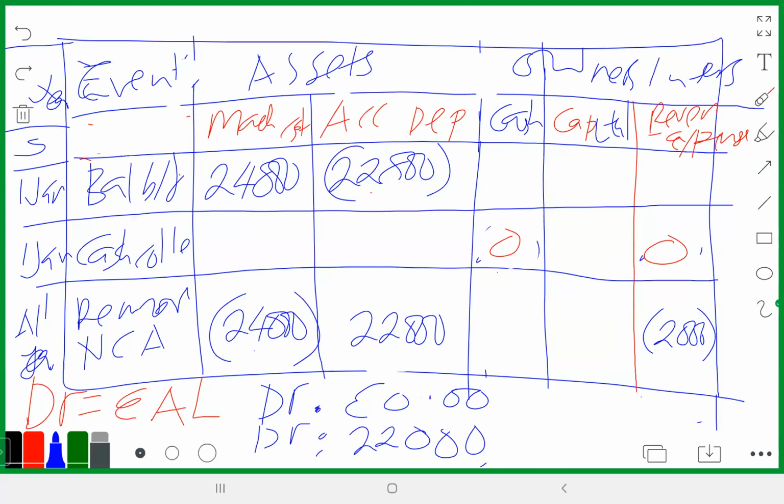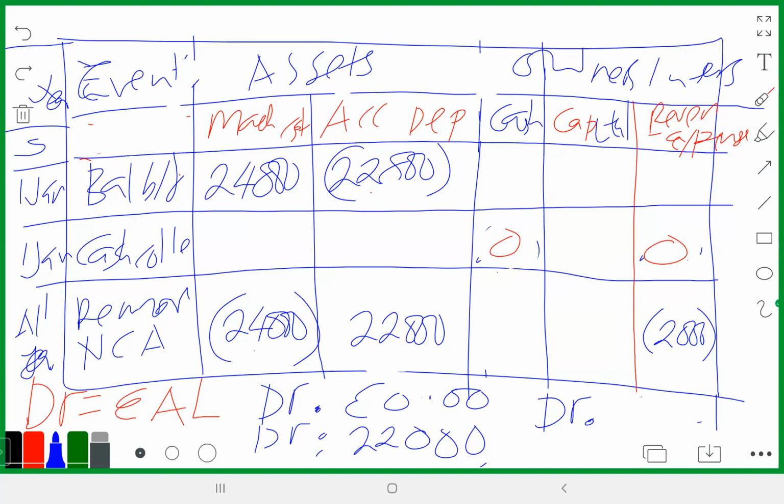So now the loss, what will be the loss? The loss is debited, isn't it? Yes, it's debited. So it is the loss. We have not sold it at a gain, we have sold it at 0.